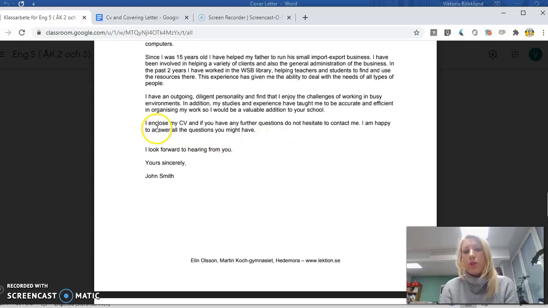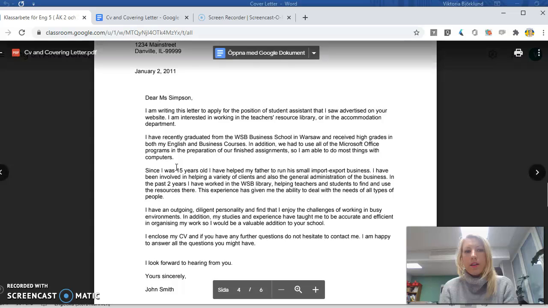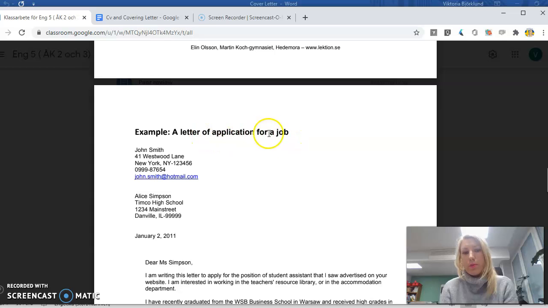I know that you don't have a CV, even though you don't need to write the CV, you still write here at the end of the letter that you enclose your CV. Okay, and then you can write, I look forward to hearing from you. Yours sincerely, John Smith. So this is one example, a letter of application for a job.